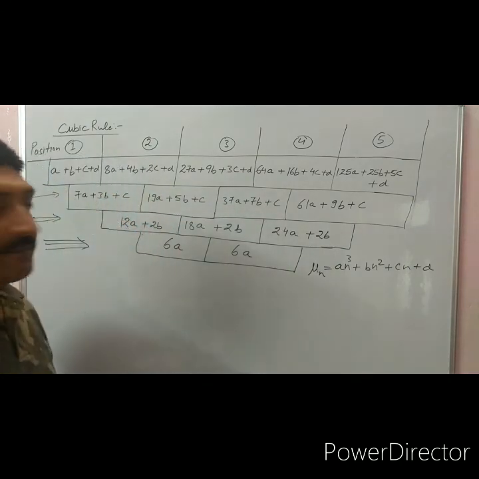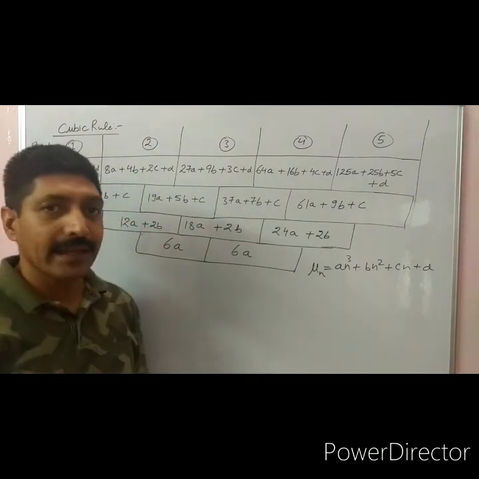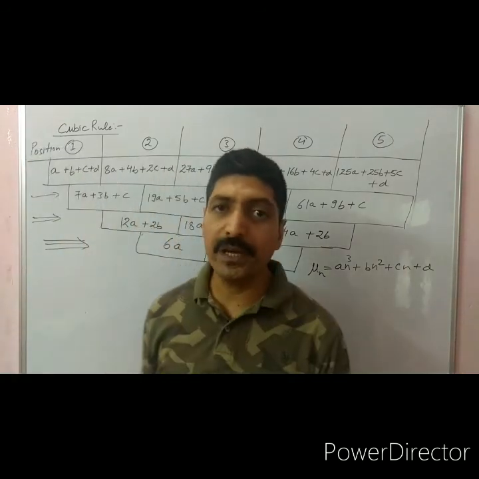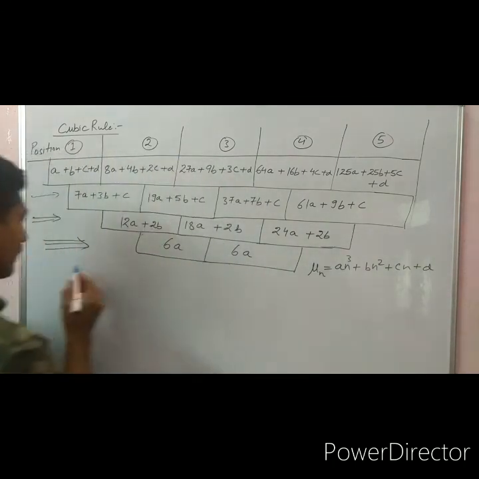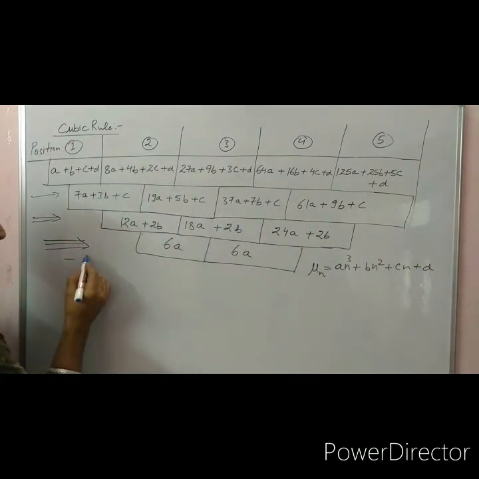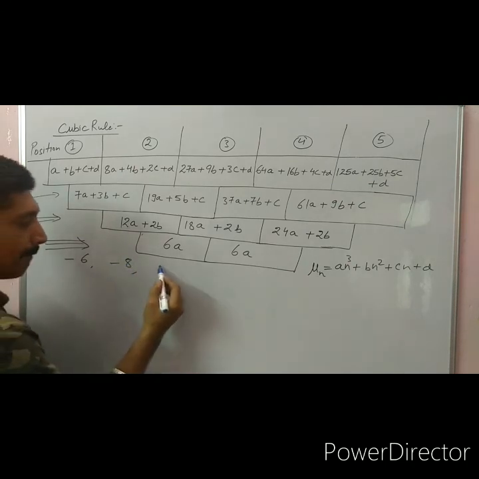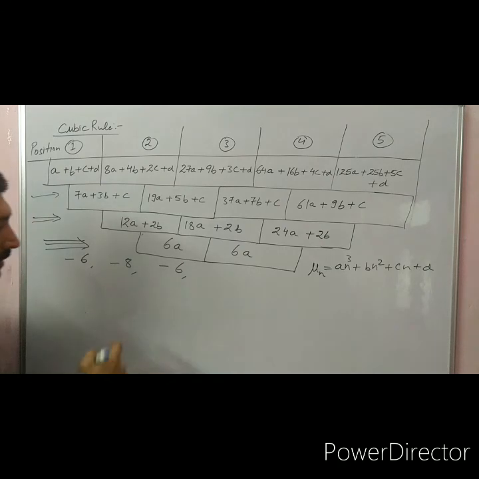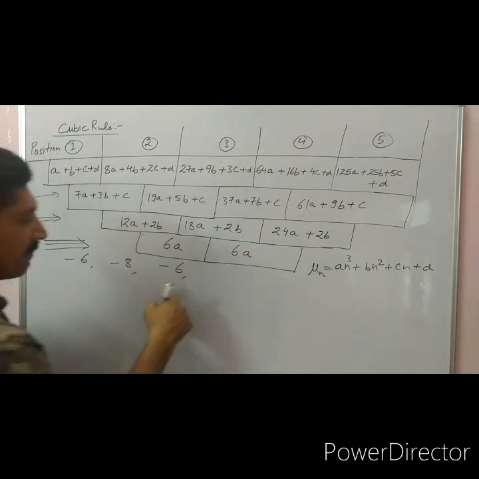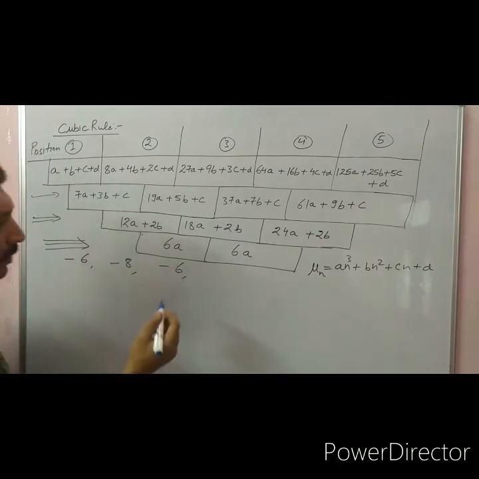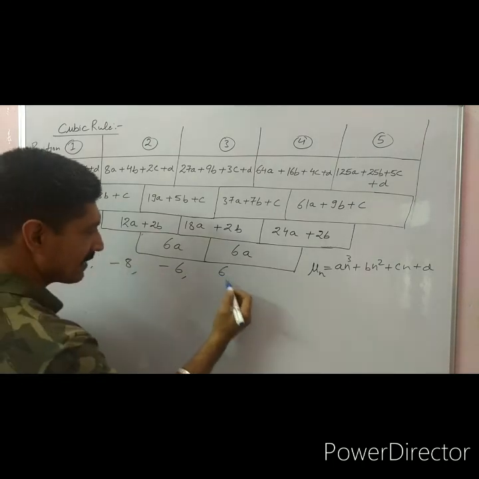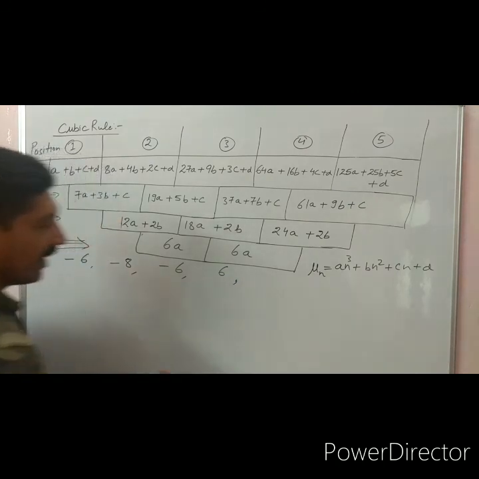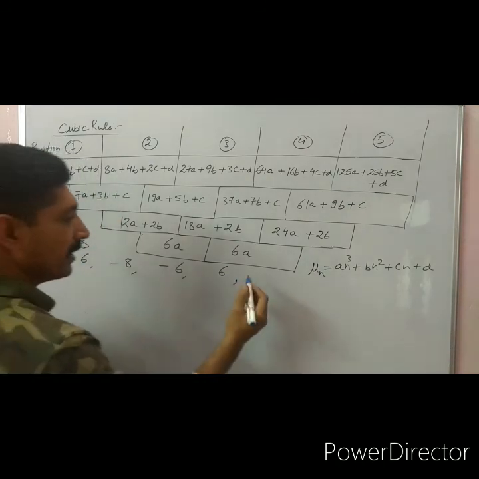We have already discussed one example of a cubic where we have to apply the cubic rule. It is minus 6, minus 6, minus 8, minus 6. Then we have the value minus 6. Then again we have 6, and then 34.